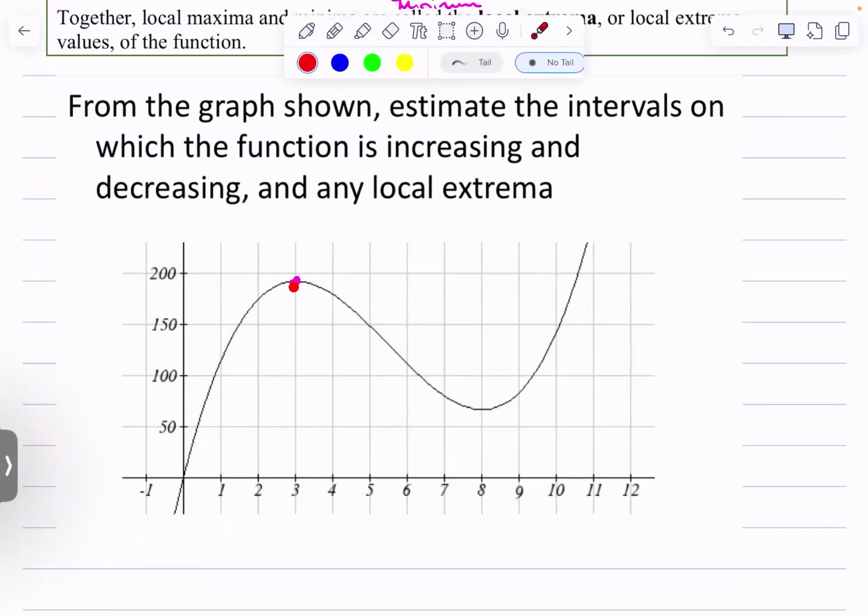Clearly it's not the absolute maximum because it keeps going. And one thing about these graphs to remember is that it's implied that they continue off the page, right? But they continue in the same direction. Nothing happens after that. Just go to infinity. Oops, and negative infinity.